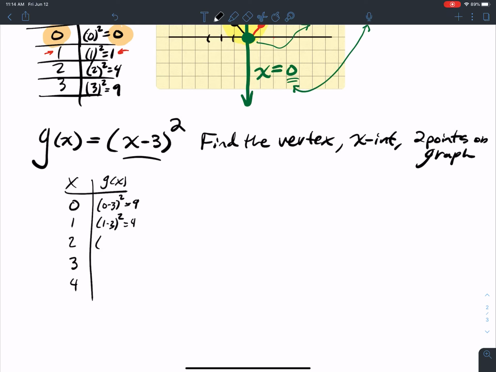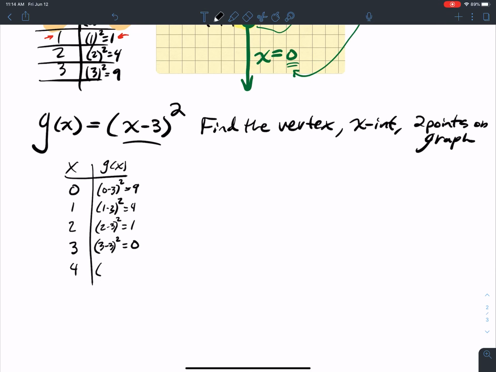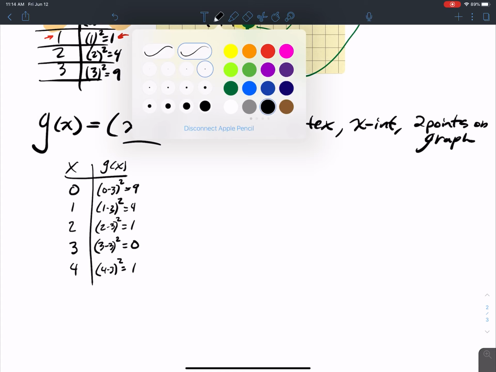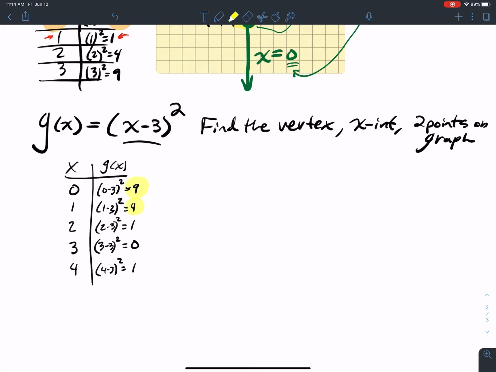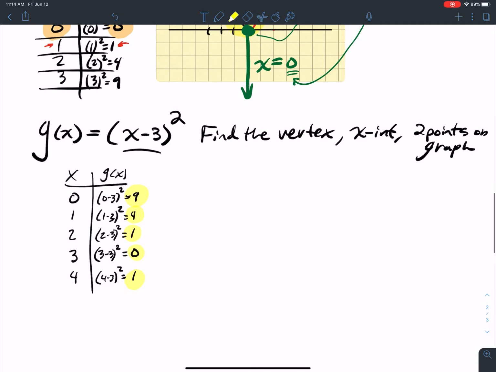Negative 2 squared gets you 4. 2 minus 3 is negative 1 squared. I get 1. 3 minus 3, guess what, guys? 3 minus 3 is 0. And squared gets me 0. 4 minus 3 squared is 1 squared, which is 1. And I think you can see the pattern. If we went from 9, 4, 1, 0, then 1, the next one might be 4, and then 9, and going like that. Okay? So let's see if we can graph this.